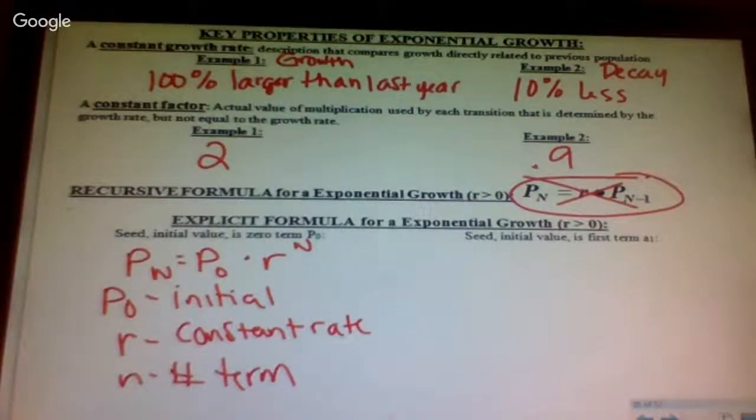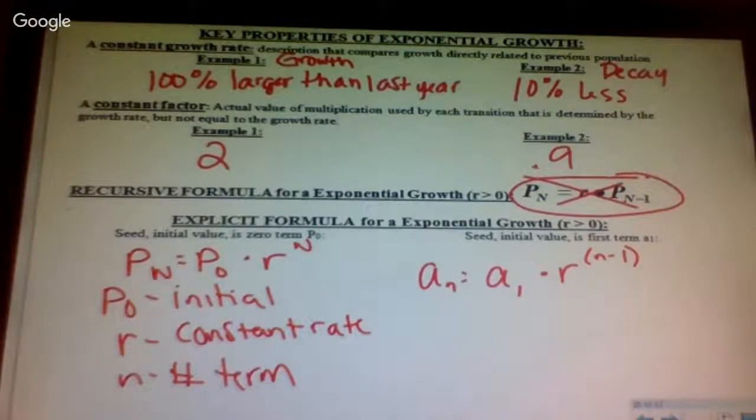What term am I looking for? And just like arithmetic, we have another one that we can use: A sub n equals A sub 1 times R to the n minus 1. We're going to stick mostly with the left one.